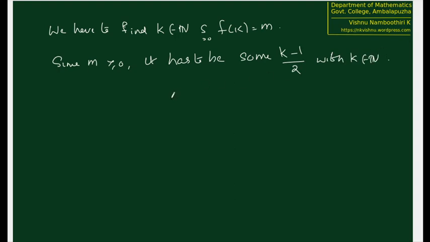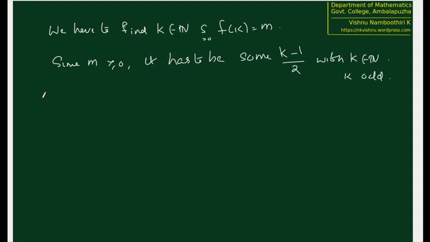We don't know if such a k definitely exists, but we are trying to see if we can find some k. Remember that we know m and we have no idea about k. But if m is greater than or equal to 0 and if m is equal to f of k, we know that it must be equal to k minus 1 by 2 for some k odd. That is the only way.